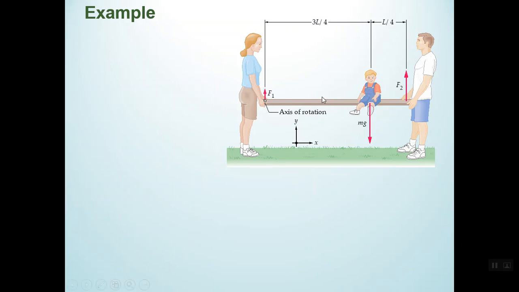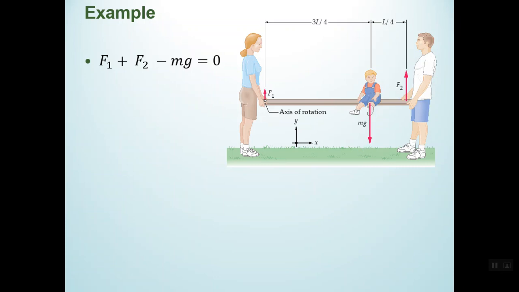In this system we have three forces, F1, F2, and F3. We take F1 and F2 as positive, and F3, the weight of the child, is negative. So we can write the general equation for the force where the total force acting on the system when the system is at equilibrium must be equal to 0. So we can write it as F1 plus F2 minus mg equal to 0.